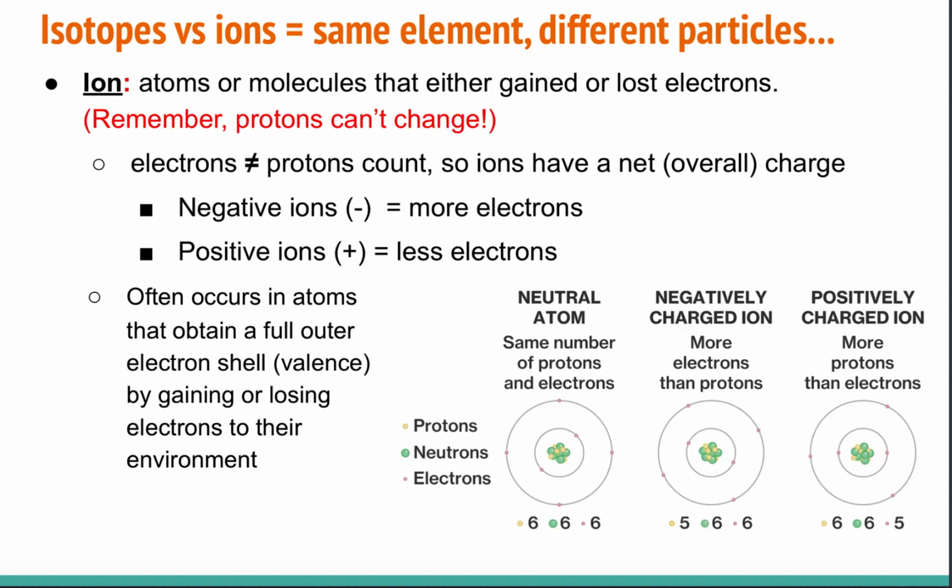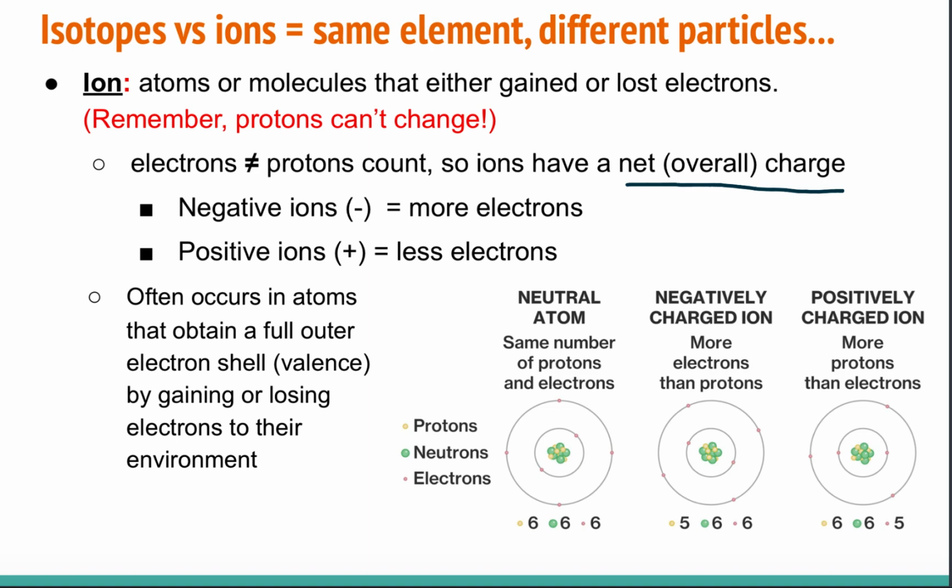We covered ions a little bit earlier, but an ion is an atom or molecule that has gained or lost electrons, and that's going to result in an overall charge because they have a different number of electrons to protons, so they aren't neutral. They don't have that zero charge caused by the protons counteracting the electron charge.